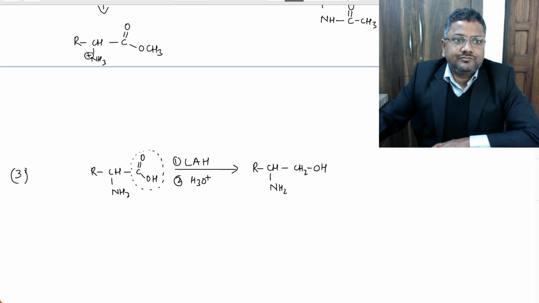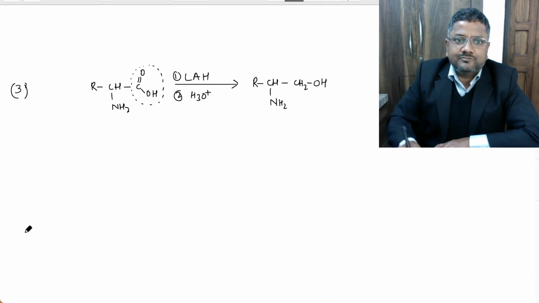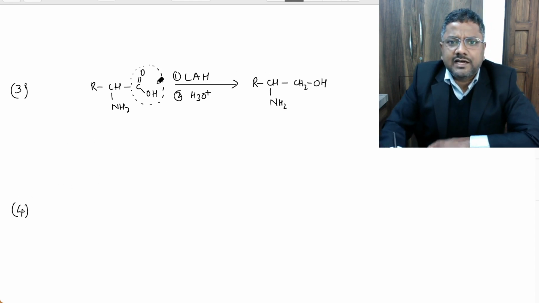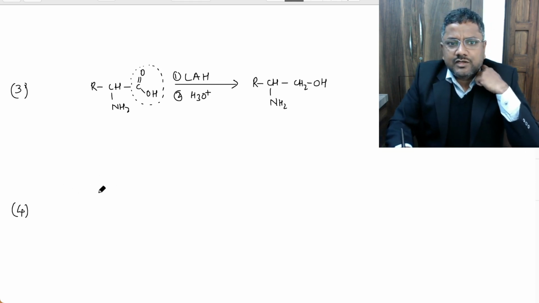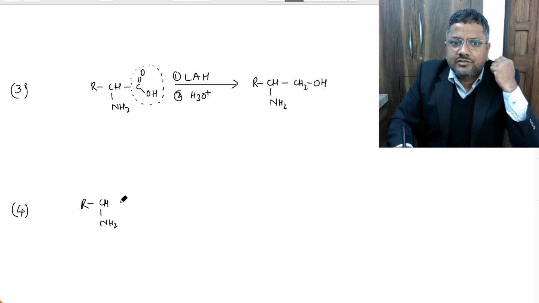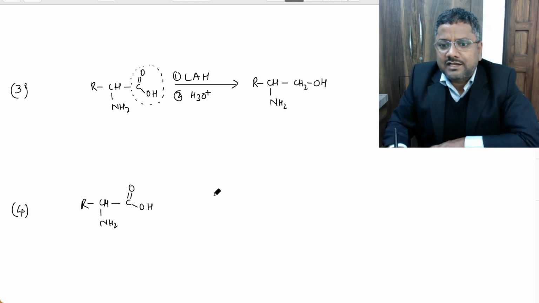Similarly, reaction with copper. So basically, this acts as a ligand. In coordination chemistry, you will see that these alpha amino acid molecules act as a bidentate unsymmetrical ligand.